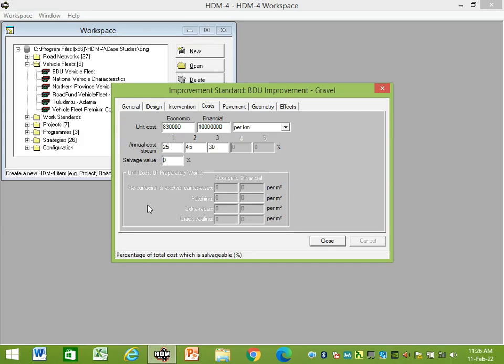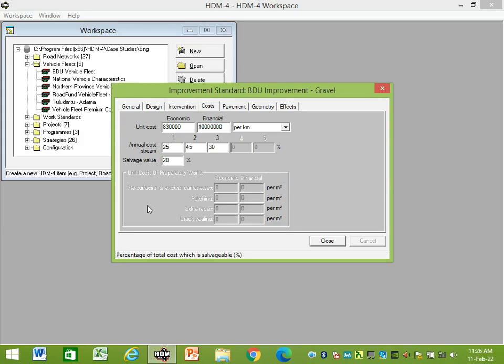So you can estimate how many percent of the total cost will be remaining at the end of the life. You can go up to 20%. Let's say 20%. 20% of the total cost will still be there after 20 years. If it is upgrading, maybe you can come down. So 20%.